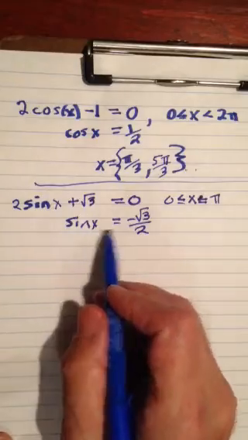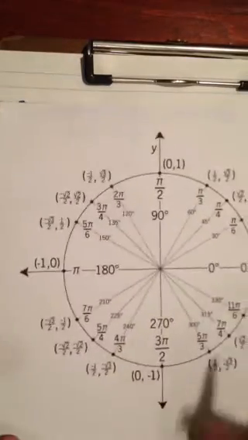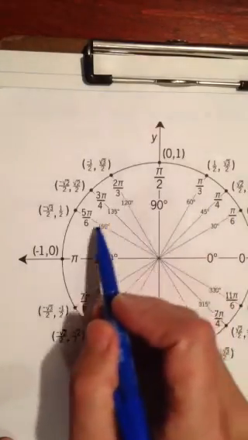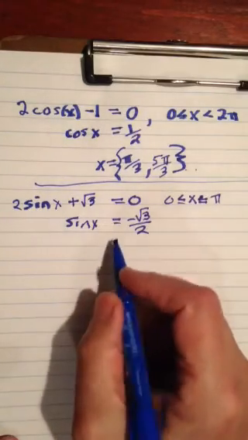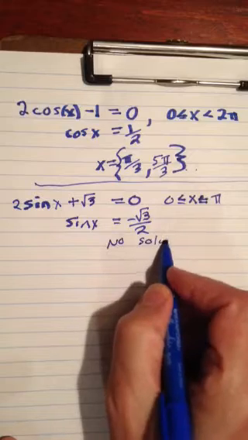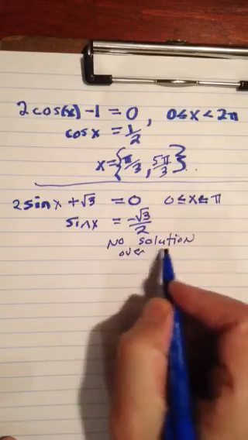All right, so sine x equals this here. So where does sine equal negative square root of 3 over 2? Sine doesn't equal negative square root of 3 over 2 anywhere as we go from 0 to pi. So basically the answer here is no solution over this interval.